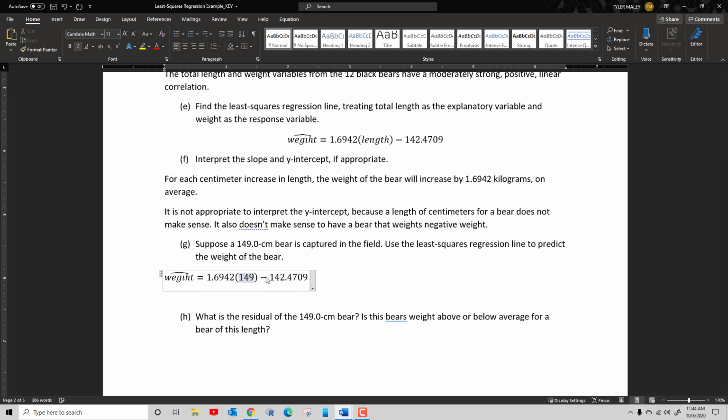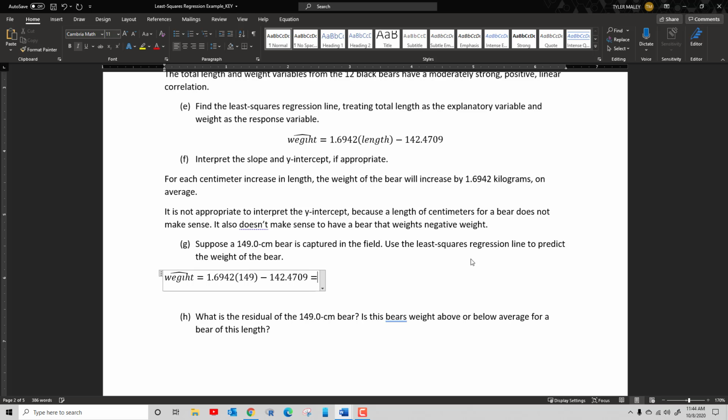So we have 149.0, but that 0 probably just indicates that you rounded. So it doesn't make a difference in our calculation. I could just write 149, but it's common to write 0.0 if you've rounded to that number just to indicate the rounding, right?